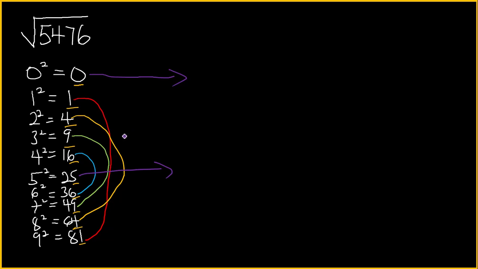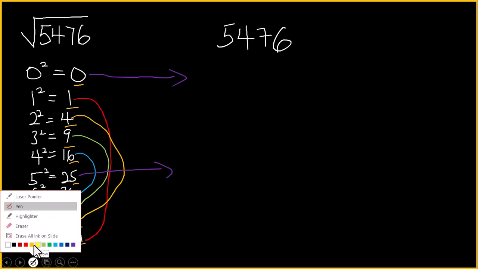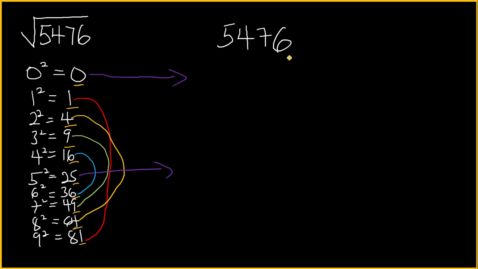So now with this, what we are going to do is take 5,476. So here we pick the last digit, which is 6, and then compare it to the perfect squares which have the last digit similar to 6.